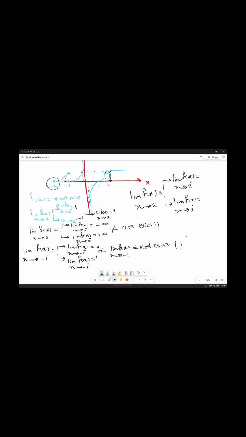Okay, on the positive side it is exactly 0, but on the negative side the function is not defined, therefore it does not exist, guys, and totally does not exist. Yes.